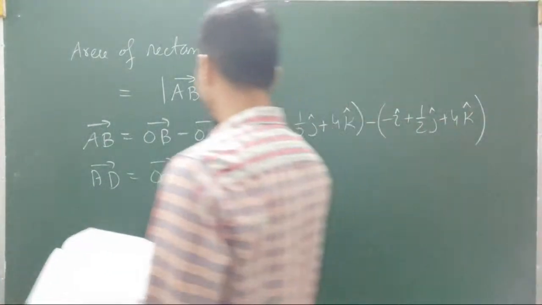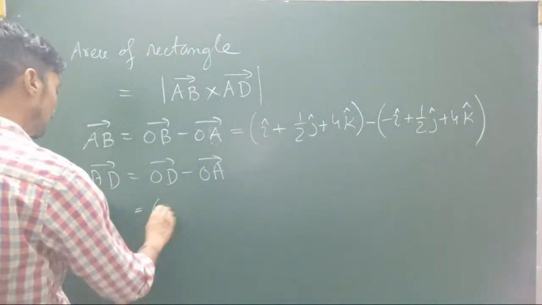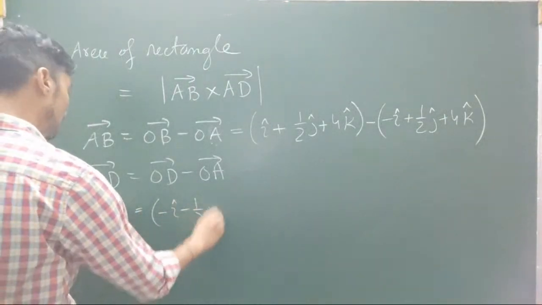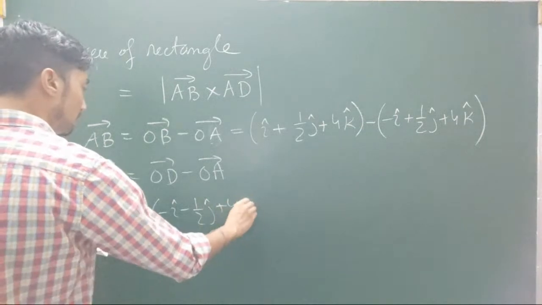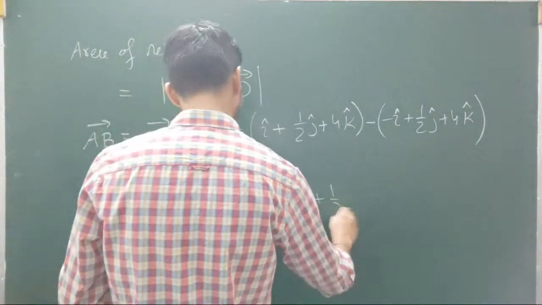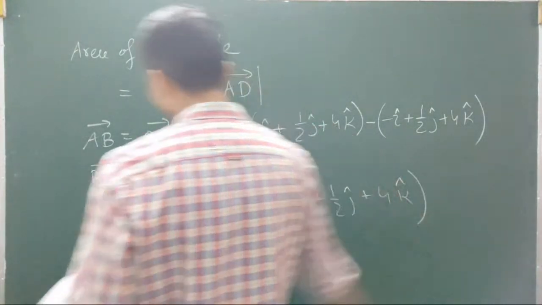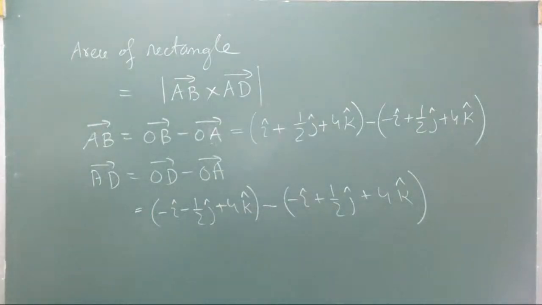And this one, OD minus OA, the AD vector: minus i minus 1 by 2 j plus 4k minus the A vector, minus i plus 1 by 2 j plus 4k. So this is how you will be finding out the vectors AB and AD.